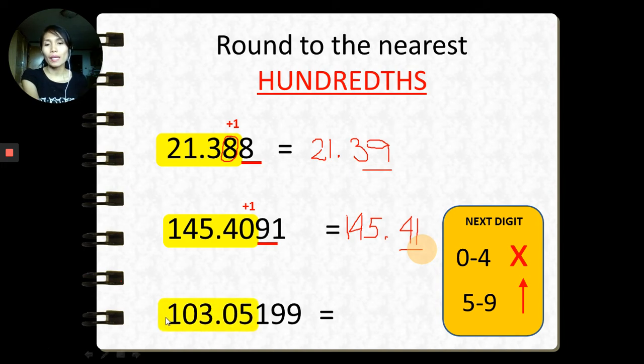So the hundredths place is up to 5. Are we going to round up or round down? Based on the next number 1, we should round down. Round down means we'll not do anything with this. We'll just copy 103 point, copy 0, 5, and then make all the digits to the right 0, 0.